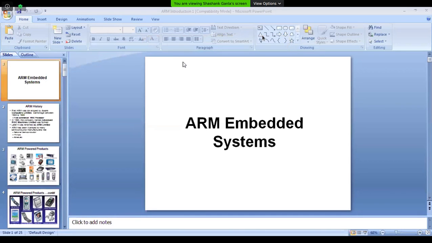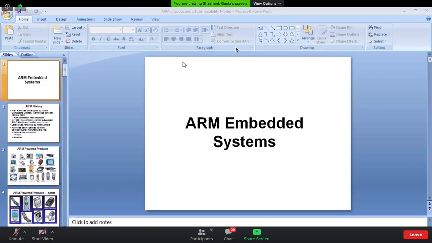Most of the embedded products are mobile phones, and most of the mobile phones are controlled using the ARM architecture. Of course, in the world of the embedded market there are other CPU architectures also, but ARM architecture takes the highest percentage.